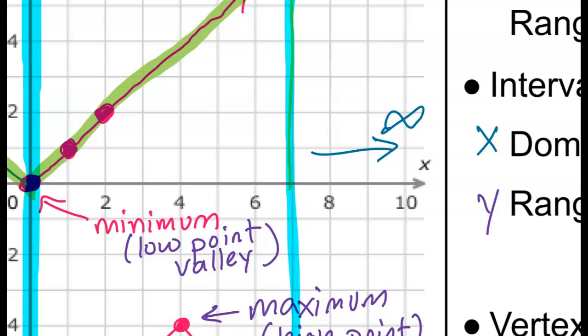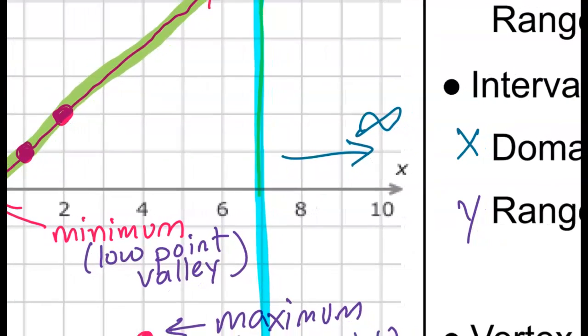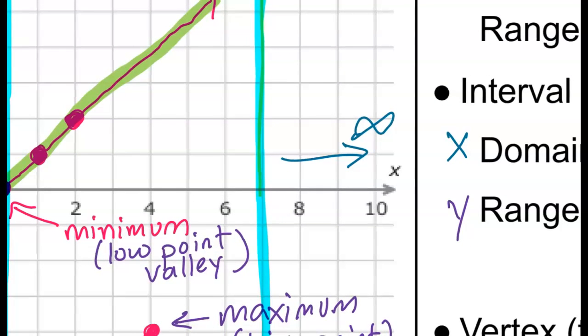Ask yourself, what axis is it passing through? It's passing through the x-axis, so it's going to be x equals. And at what value is it passing through the x-axis? 7. So the equation for that line is x equals 7.